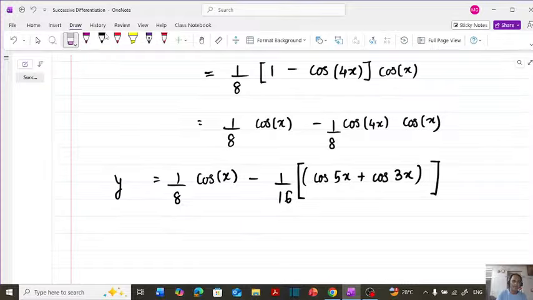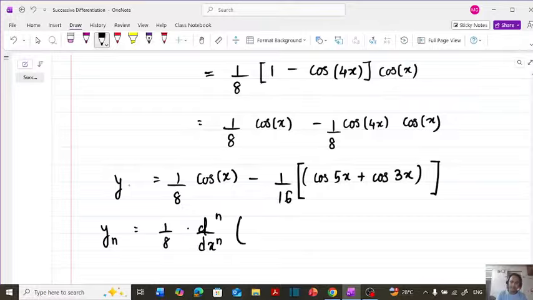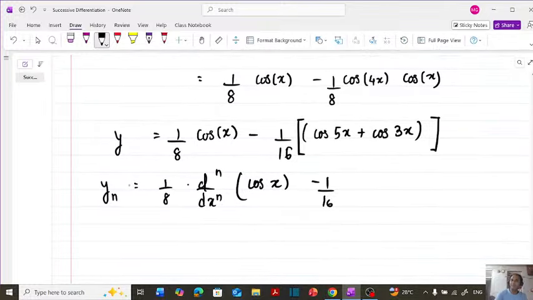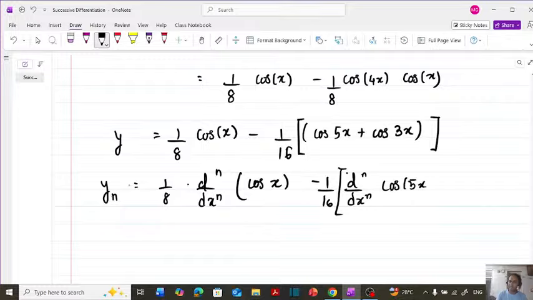I have here yn, it's 1 over 8, the nth derivative I'll be taking here, d^n/dx^n of cos x. I'm writing it explicitly because I want to give a different formula every time. So here it will be the nth derivative for cos 5x, plus the nth derivative for cos 3x.